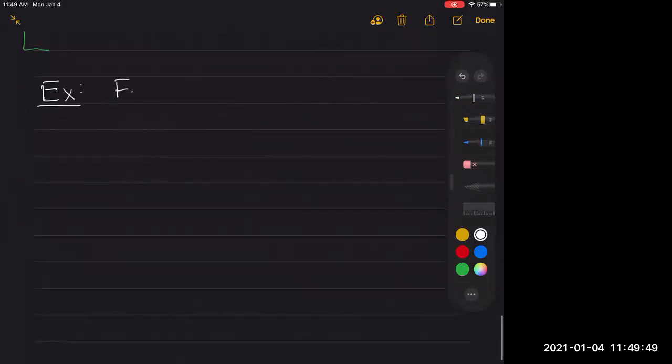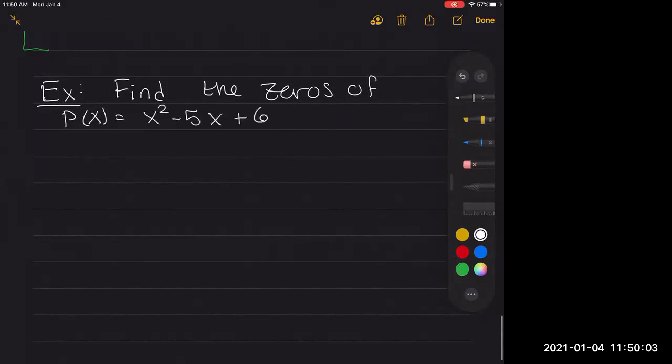So let's find the zeros of this function. P of x equals x squared minus 5x plus 6. All right, so let's first notice that minus 2 times minus 3 equals 6, and minus 2 plus minus 3 equals negative 5. That means that we can factor.